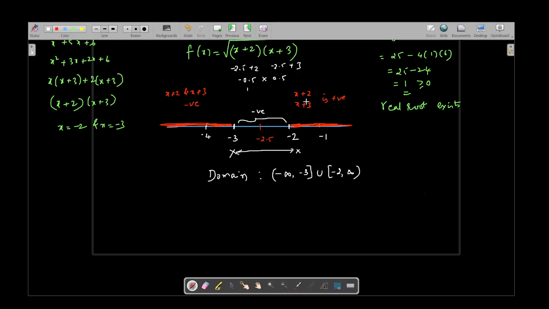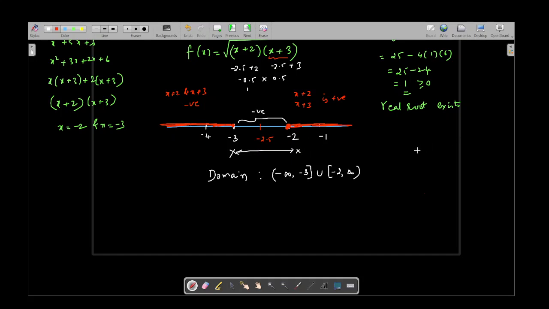So minus 3 is included because when you put x is equal to minus 3, this becomes 0. Square root of 0 does exist. Square root of 0 is 0. If you put minus 2 also, you get square root of minus 2 plus 2, which is 0. So square root of 0 does exist, so minus 2 is included. So this is the domain.